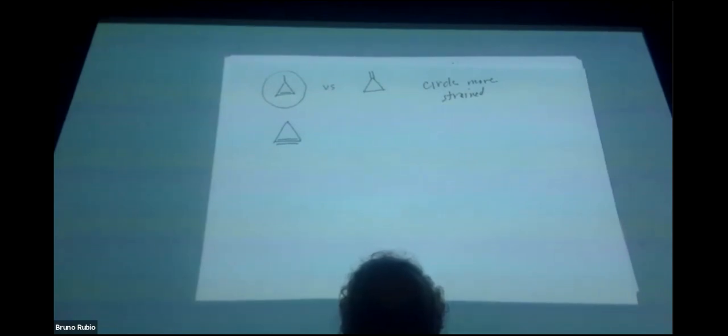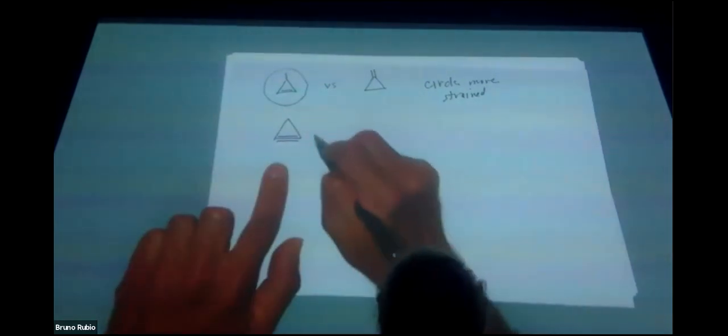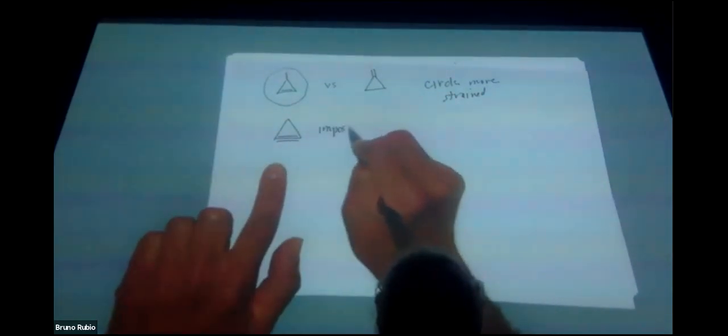And also on a computer screen, putting a triple bond in a three-membered ring, the computer doesn't blow up or give me an error message. But the smallest ring that can accommodate a triple bond is an eight-membered ring, right? This guy here is impossible.